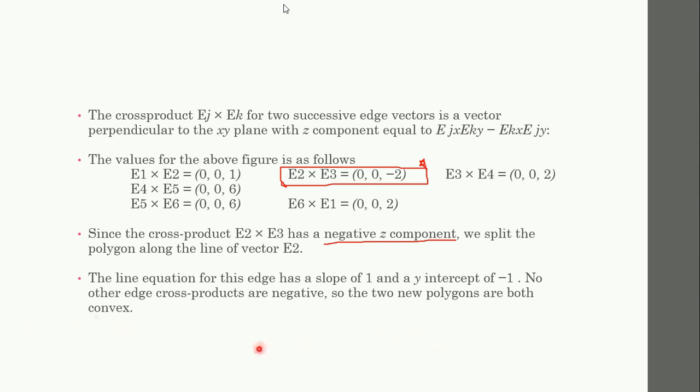So here you need to extend the line E2, and when you extend the line, you split the polygon into two new polygons, and both new polygons will be convex in nature, so that these convex polygons can be easily drawn with the help of computer graphics.